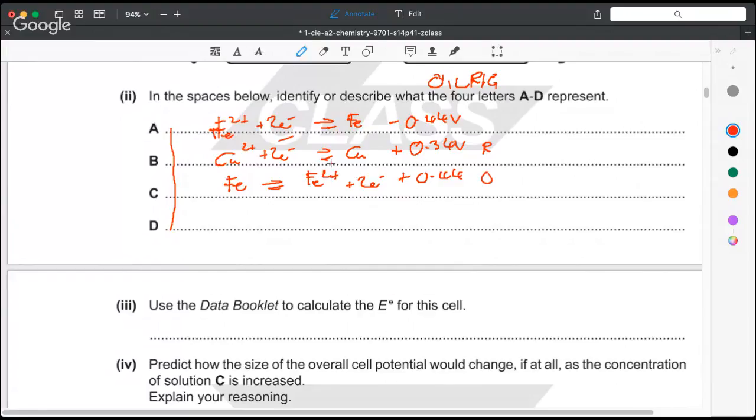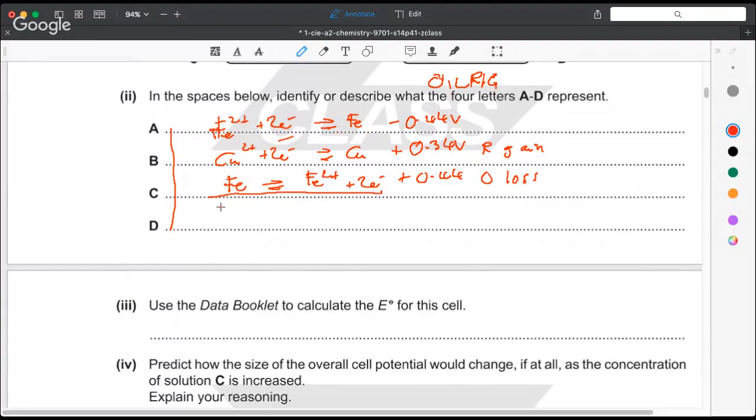Once you've worked out which one is the reduction, it's gaining electrons, it's the most positive. This is the oxidation, it's losing electrons, it's the most negative, so that's loss of electrons. So I've got those two the right way around now. Copper is gaining electrons, iron is losing electrons.